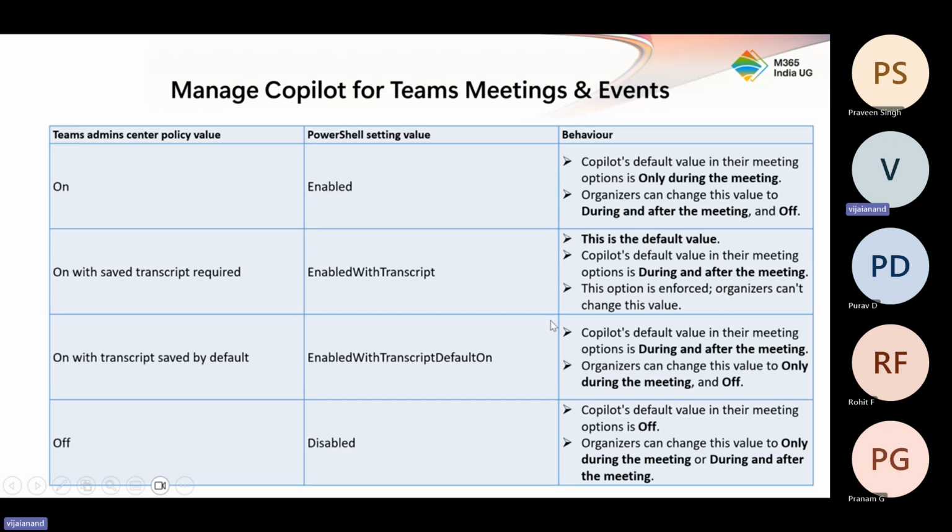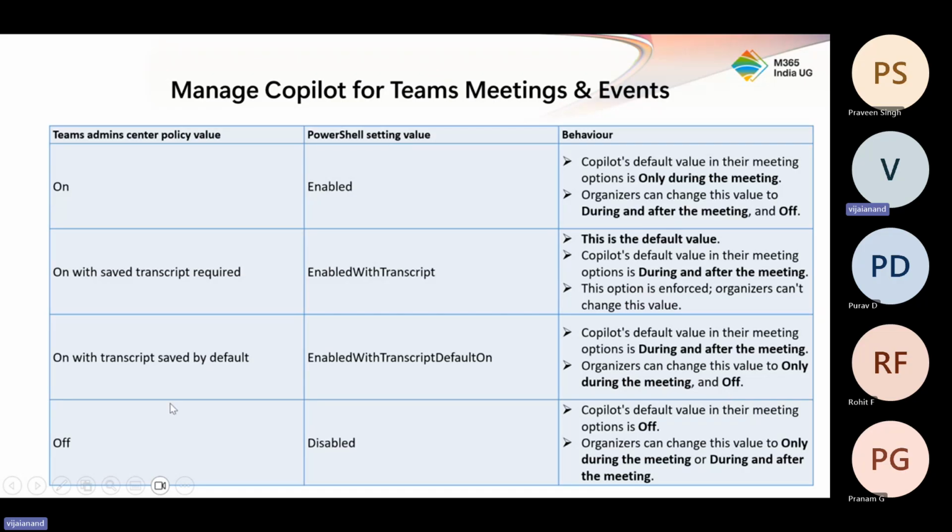Okay, and also when it is the other option, on with transcript saved by default, the default value will be, when the organizer is scheduling the meeting, again during and after the meeting, but the organizers can change this value to only during the meeting, and they can choose also off.